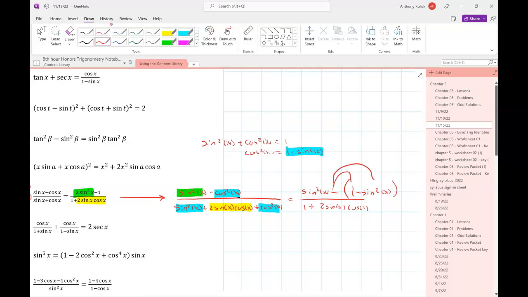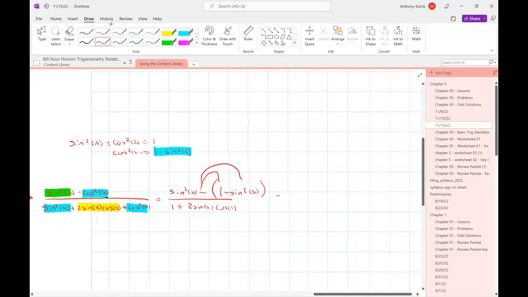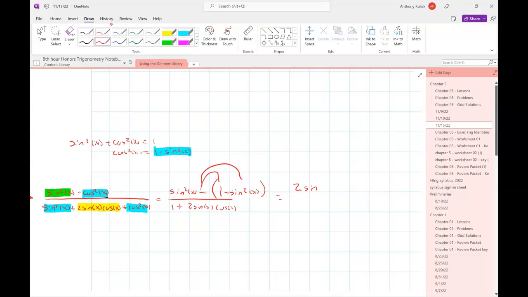And if I distribute the negative through, that's going to give me sine squared minus a negative sine squared. So that's going to be plus, giving me 2 sine squareds. And then minus of a positive 1 is negative 1. And that's what I need to end up with.